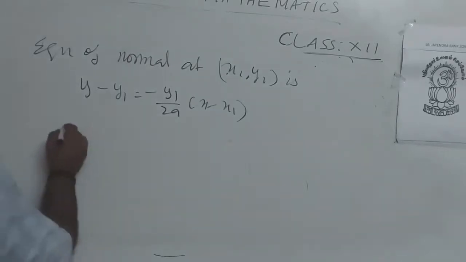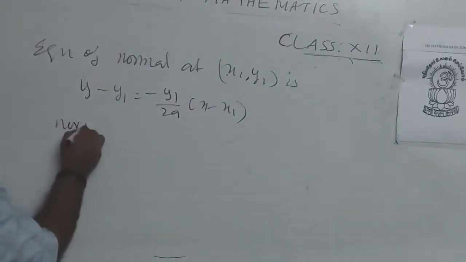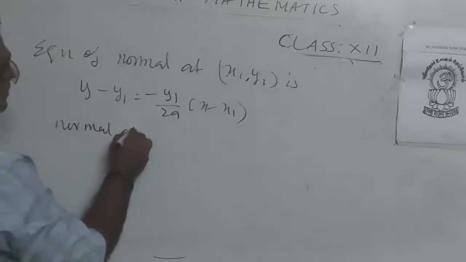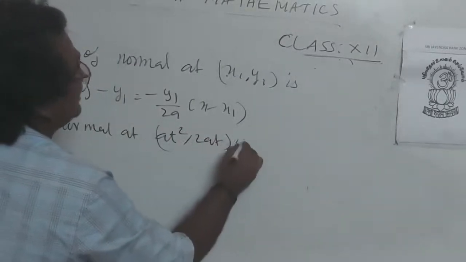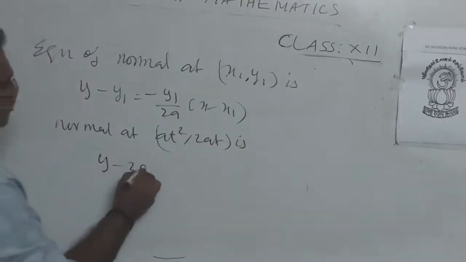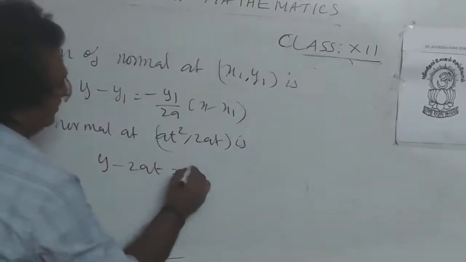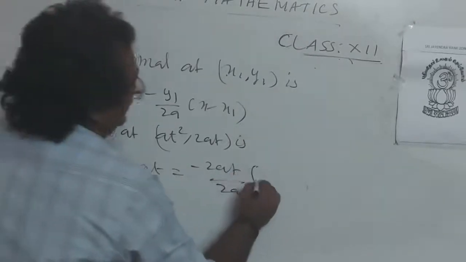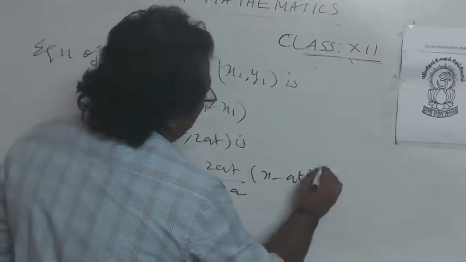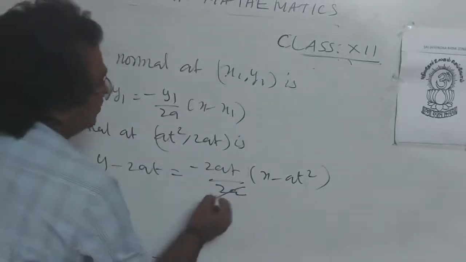Like that, normal at (at squared, 2at) is y minus 2at equal to minus 2at by 2a into x minus at squared. 2a will be cancelled.